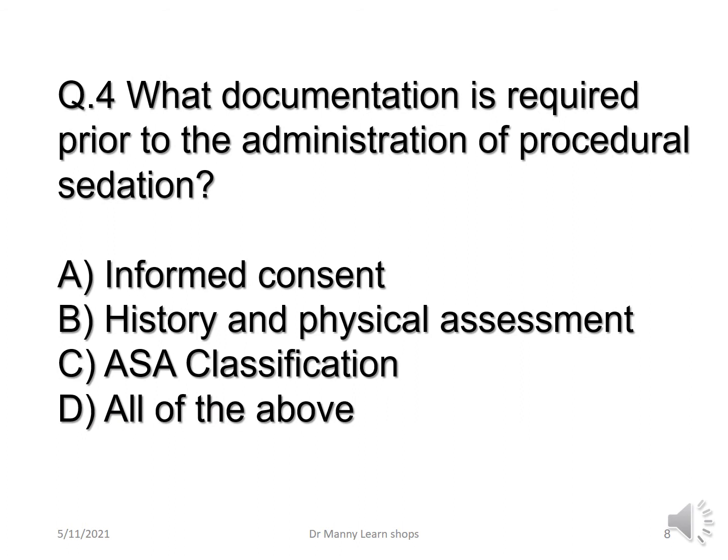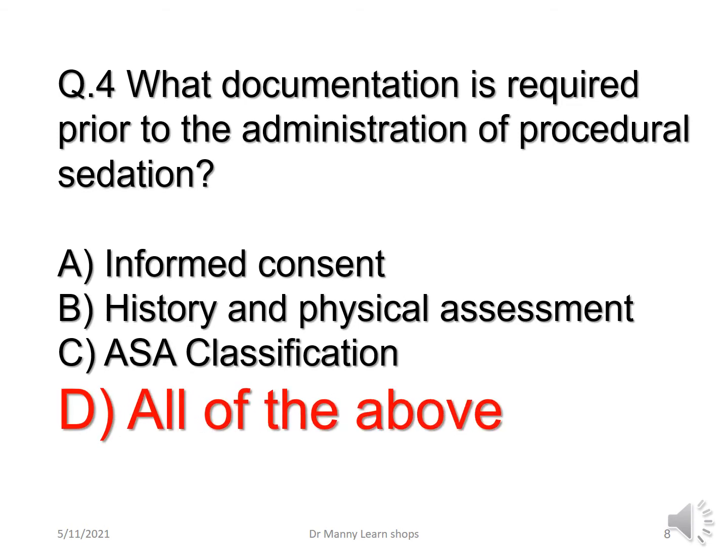What documentation is required prior to the administration of procedural sedation? And there's more. This is just an overview. A, B, C, or D? The correct answer is D. And more.